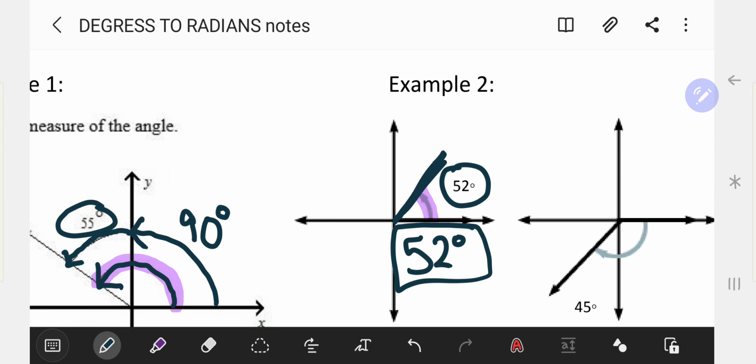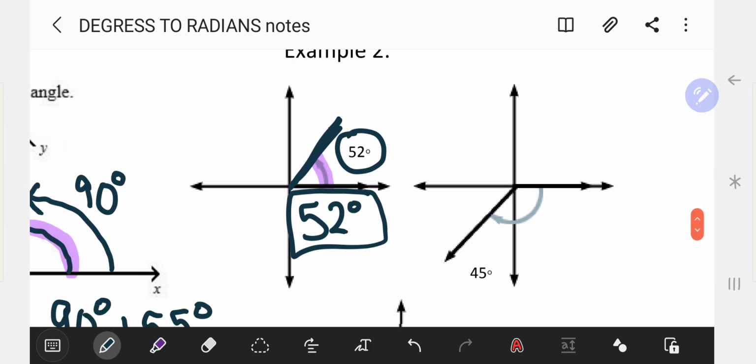Let's look at this next question. Based off what we said, I need to find this whole angle measurement. Maybe if I erase it, you can see the arrow is pointing this way, which means my answer should be negative. I'm going clockwise now.